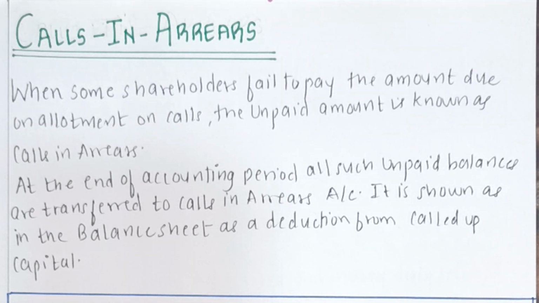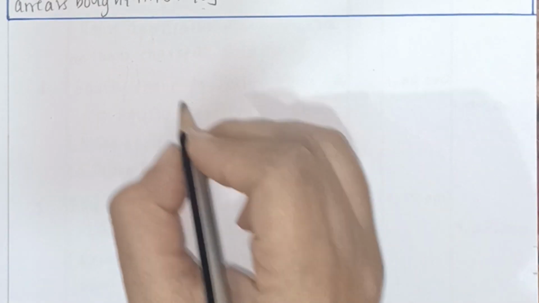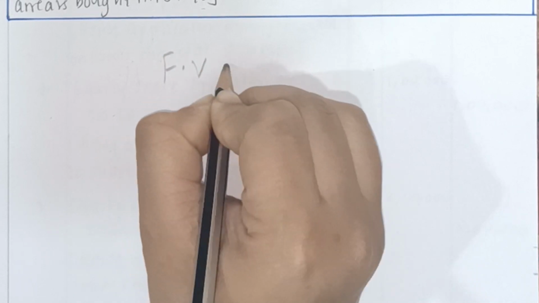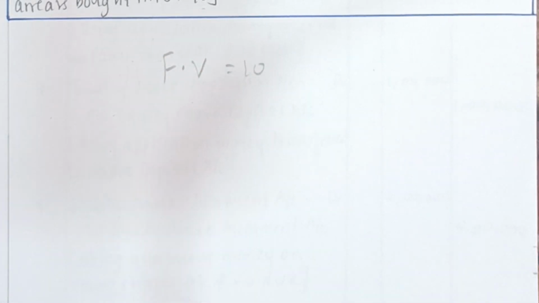Alright. So let's take an example. Let's think of a hypothetical company which wants to raise money through shares. Let's say that the face value of its share is rupees 10. The company wants to raise the money in 3 installments. The first installment is the application money, the second is the allotment, and the third is the first and final call.